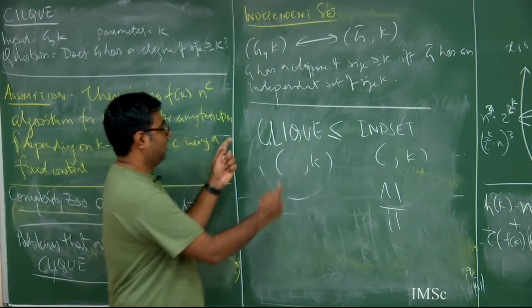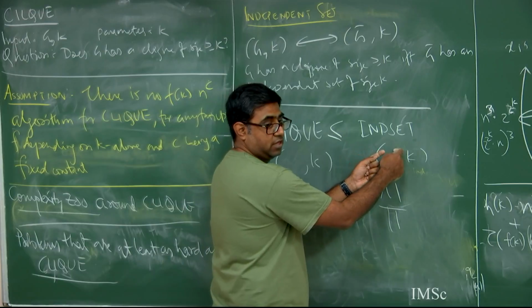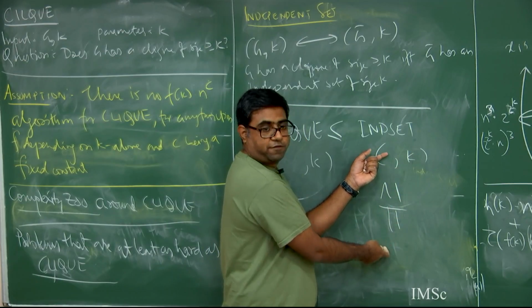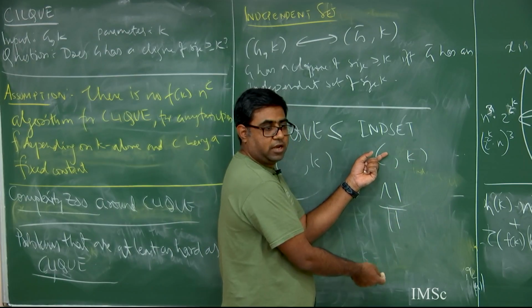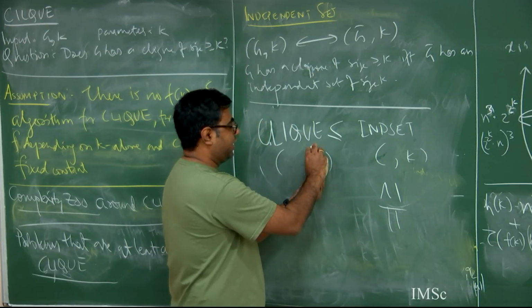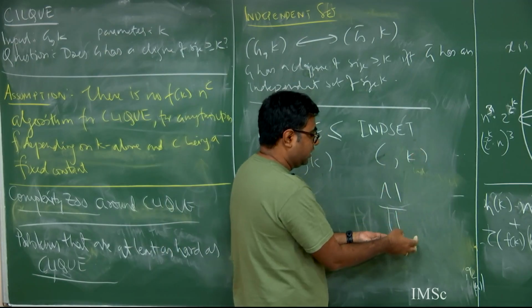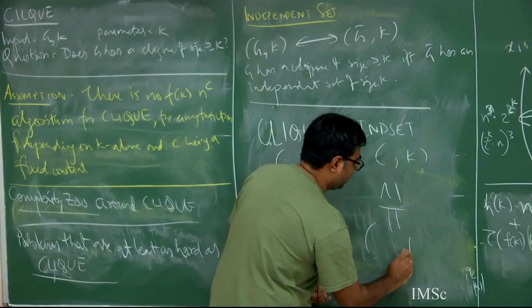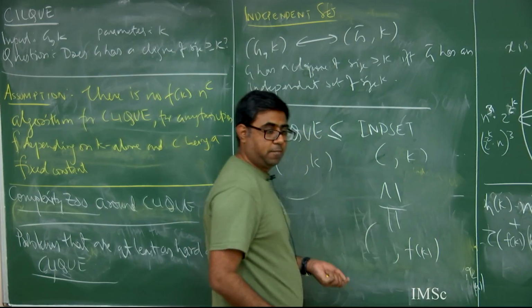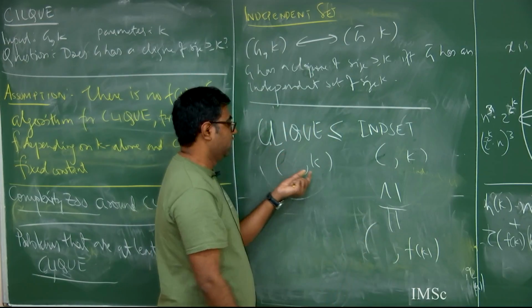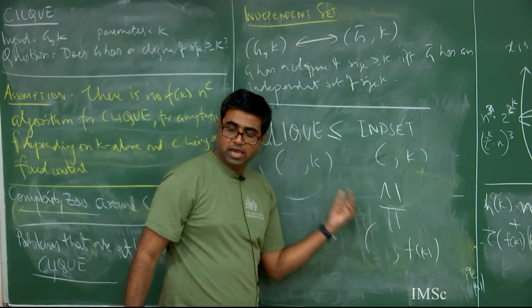Why? Because I take this instance and I morph this into this instance. Now the point is I started with a K which went to K. In the worst case here it could be some function of K. So when I compose this reduction, K has gone to some f of K and everything else remains the same.